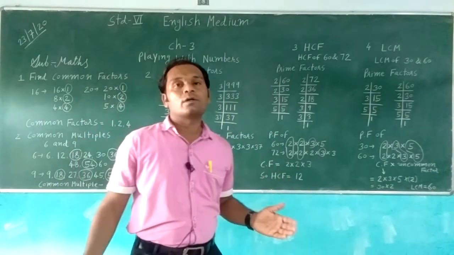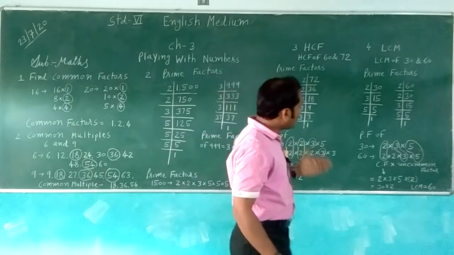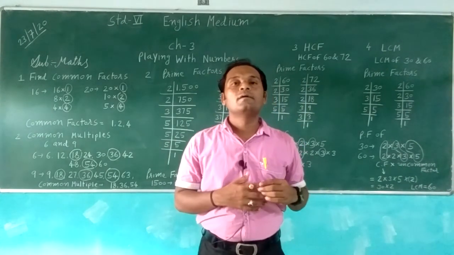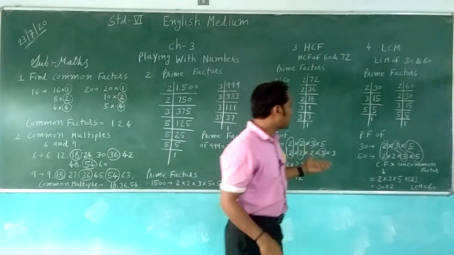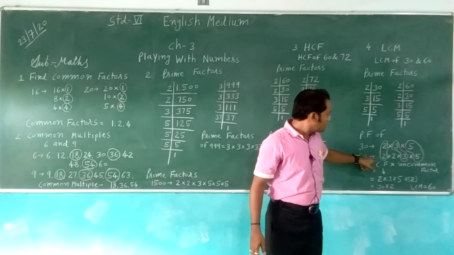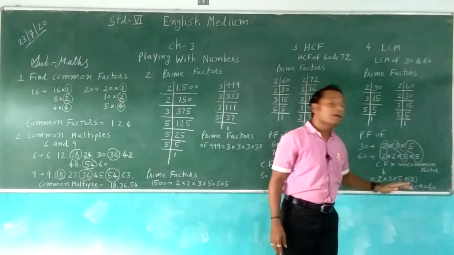In short, we can say that the LCM is the multiplication of common and uncommon factors. See here, the common factors: 2 is written, 3 and 3 written, 5 then 5 written.